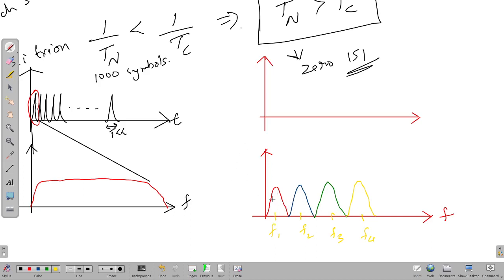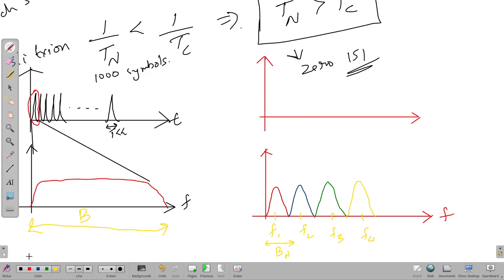And here the bandwidth is less, it is Bn. This is B, and here the bandwidth is less when compared to the original single carrier communication. And you can see that instead of a short pulse, you will have a pulse with a longer duration.